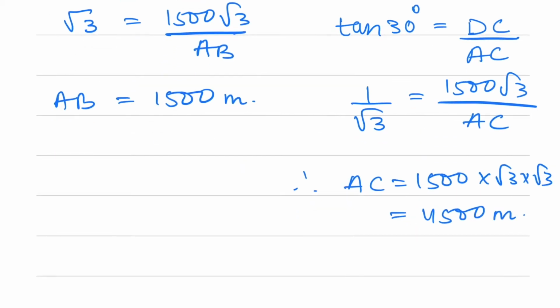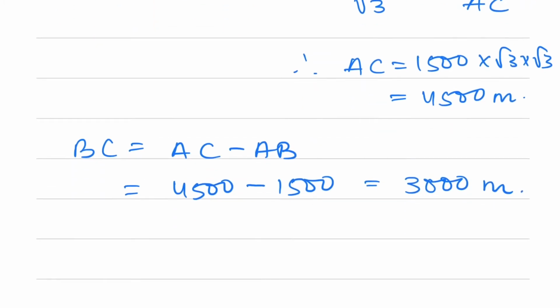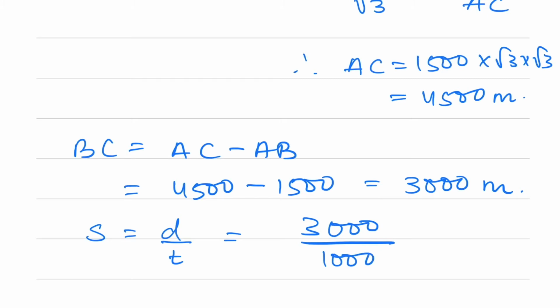Okay, now we have to find BC. So BC will be equal to AC minus EB. So we have AC as 4500 minus 1500, so 3000 meters. Now speed, we know it is equal to distance by time. So distance is equal to 3000 meter, and I have to change into kilometers, so I'll divide by 1000.